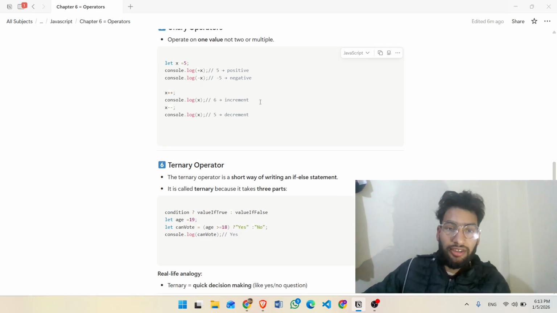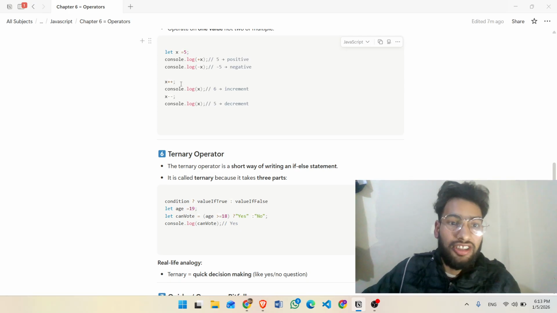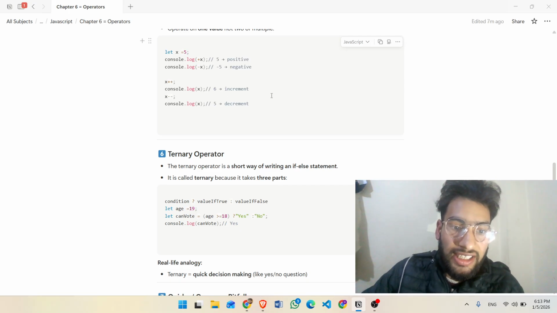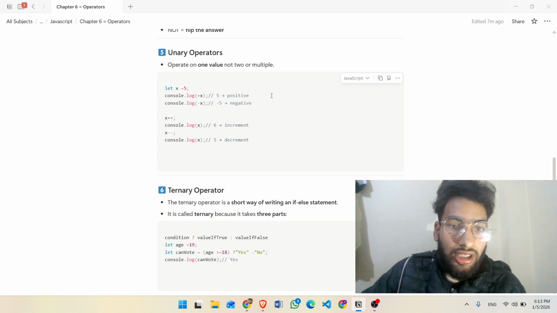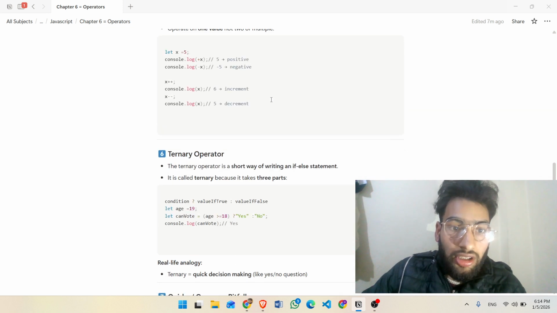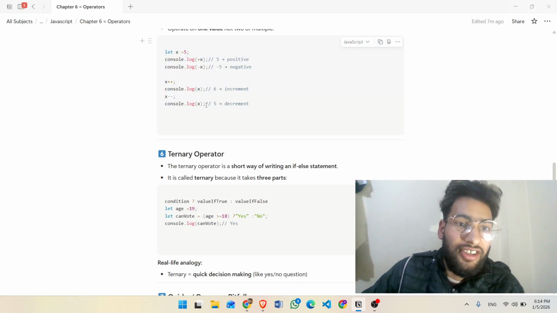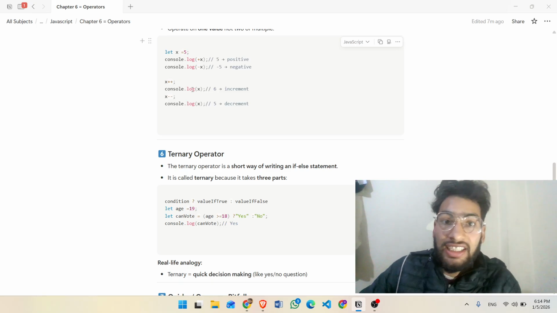And here x plus plus and x minus minus are increment and decrement also. x plus plus means it increments after printing: first print and then increase.